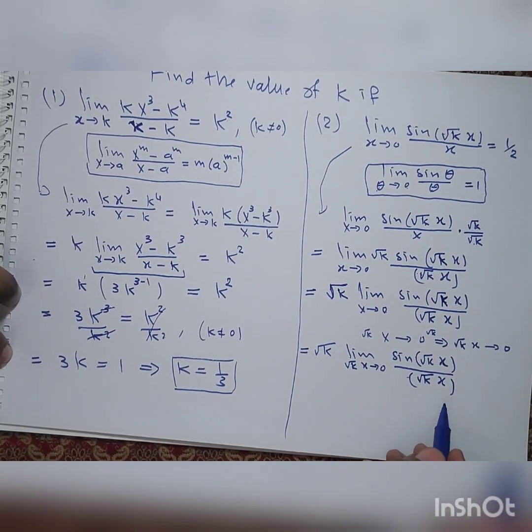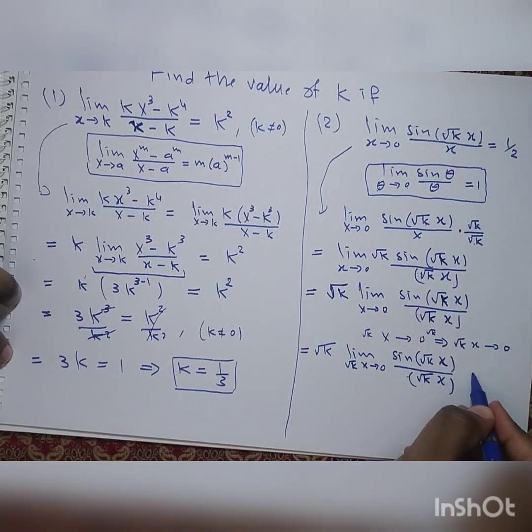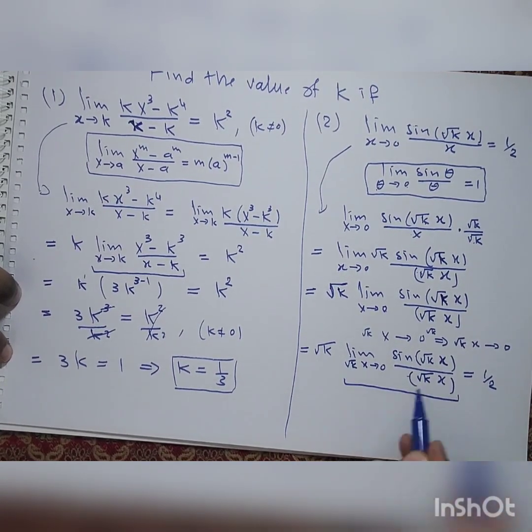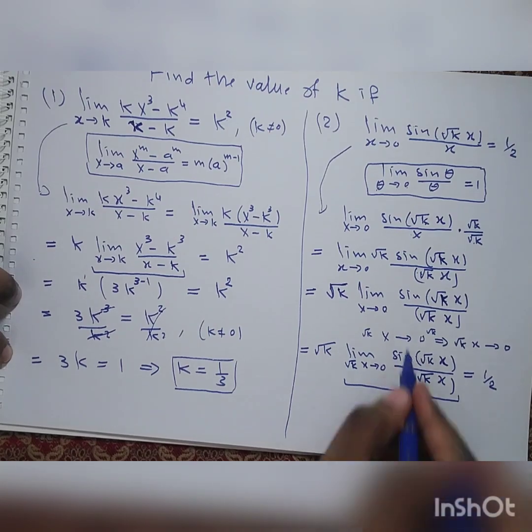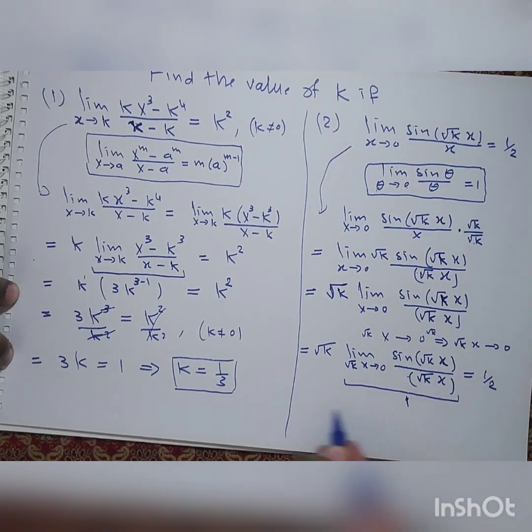But before we apply our rule, it is given that everything here is equal to half, right? And from our rule above, that is exactly similar to this one, so that is 1.